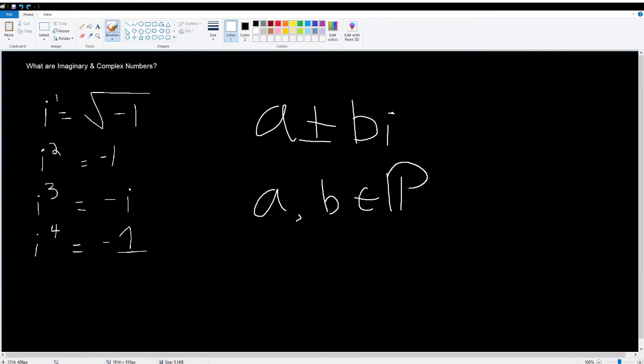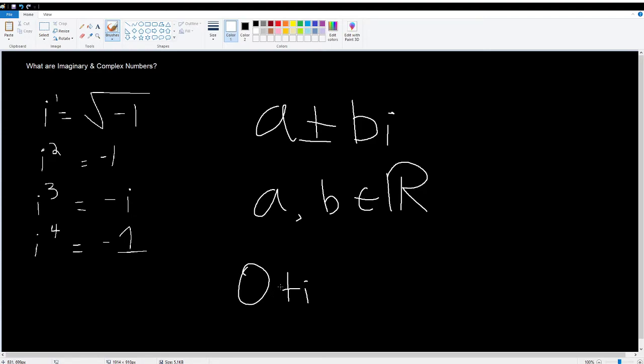What I wrote here basically means a and b are part of the set of all real numbers, and it basically says that a complex number is the sum of a real number added to an imaginary number. Hence, you get complex numbers. So in all honesty, you could write 0 plus i, and that would technically be complex, because you have just i, and you have a number that's being added to it, a real number.